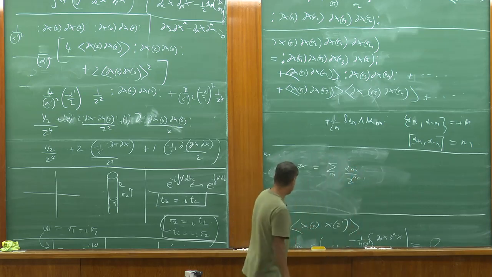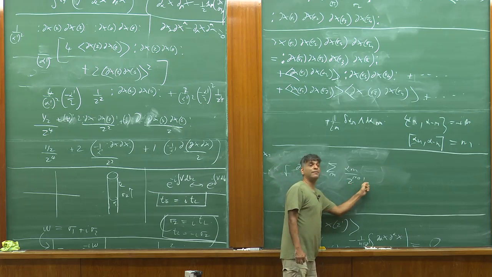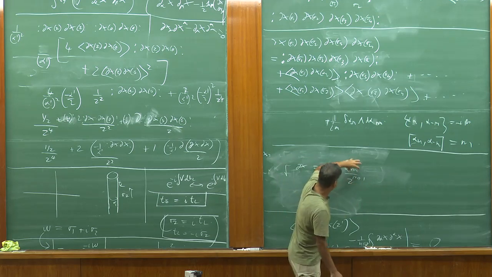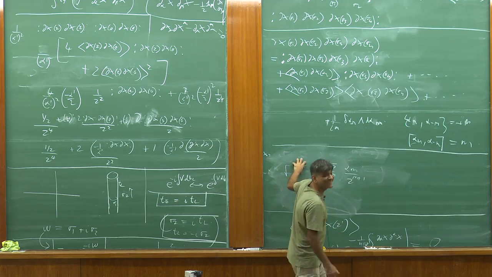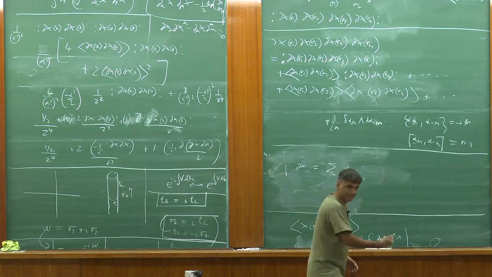Now if you want this guy to scale like dimension 1, this guy scales like dimension m plus 1. So this guy had better scale like dimension minus m. So if we associate dimension minus m with this operator, then this whole thing scales like dimension 1. So that's the thing that works.